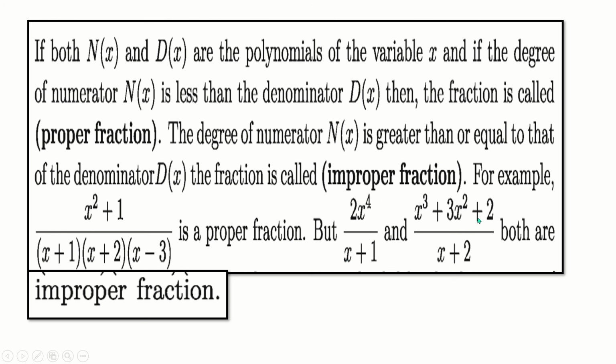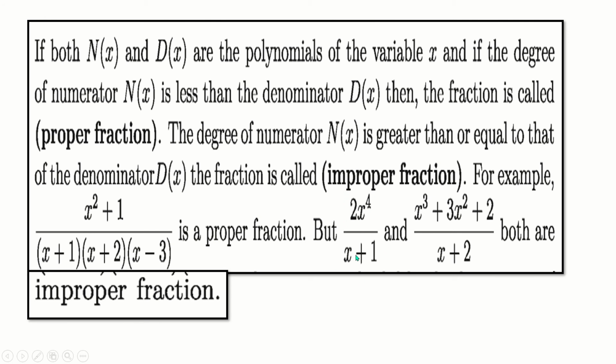So for making a fraction into partial fraction, at first you have to convert the improper fraction into proper fraction. Okay, so for converting into proper, you have to divide the numerator by denominator.